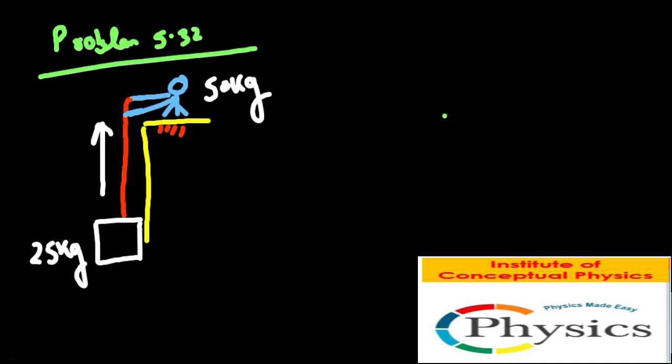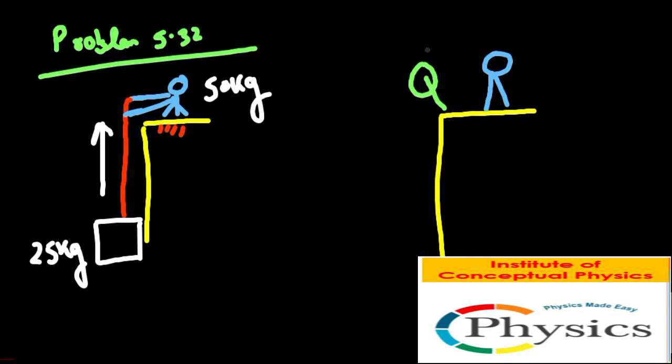The second is he gets a very simple machine, which is the pulley, okay? So that's your simple machine. And this time what the man does is he invests some money in the pulley, and this pulley is then used by him.